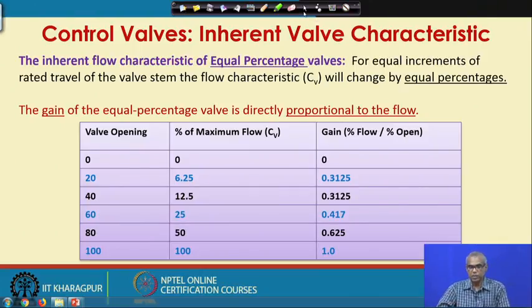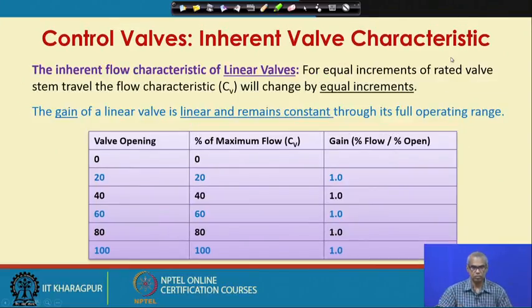The gain of the equal percentage valve is directly proportional to the flow. So, remember, for equal increments of rated travel of the valve stem, the flow characteristic will change by equal percentages for equal percentage valves. This is for linear valves. For equal increments of rated valve stem travel, the flow characteristics will change by equal increments.